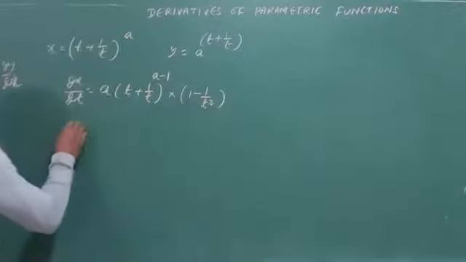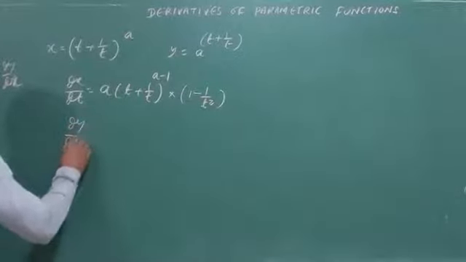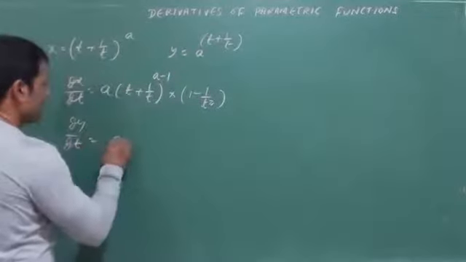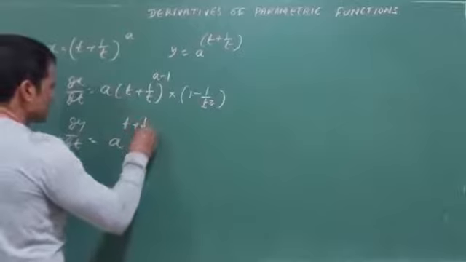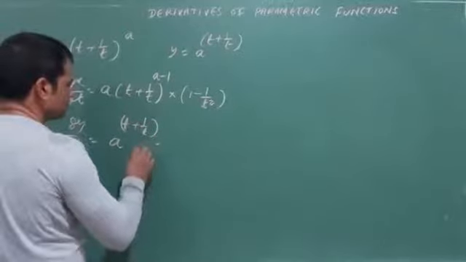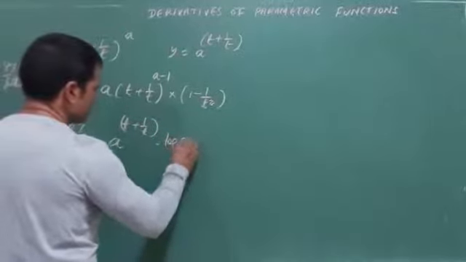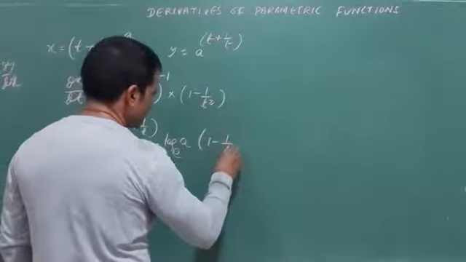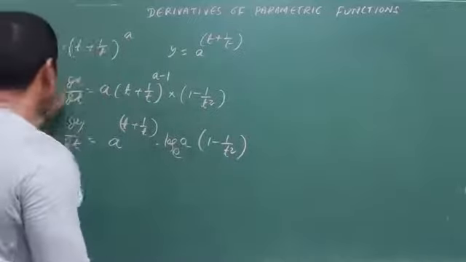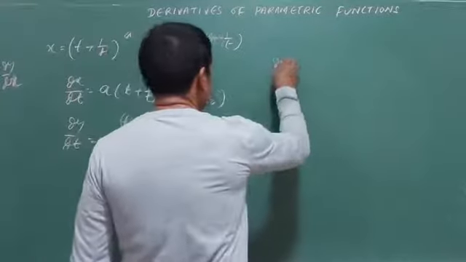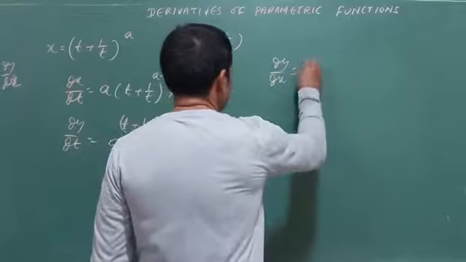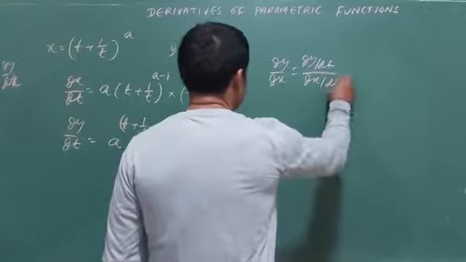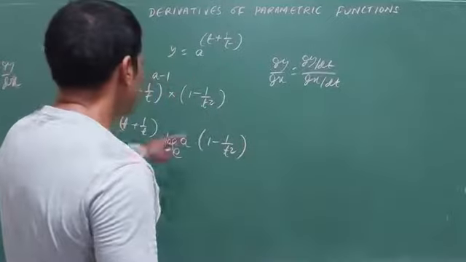Fine. Dy by dt comes under the a to the power x formula: a to the power (t plus 1 by t) into log a into the derivative of t plus 1 by t, that is 1 minus 1 by t square. Then dy by dx equals dy by dt divided by dx by dt.